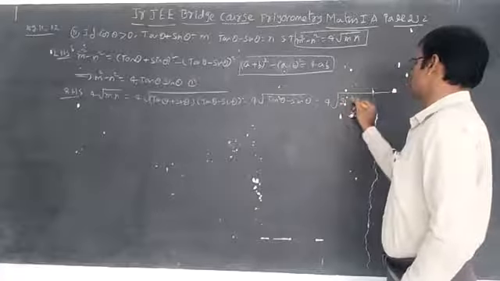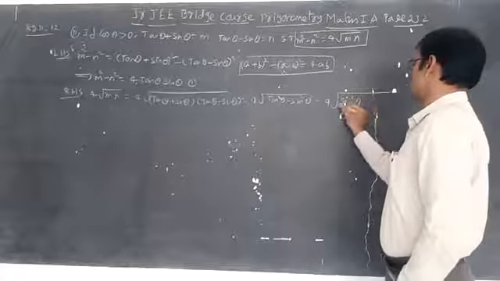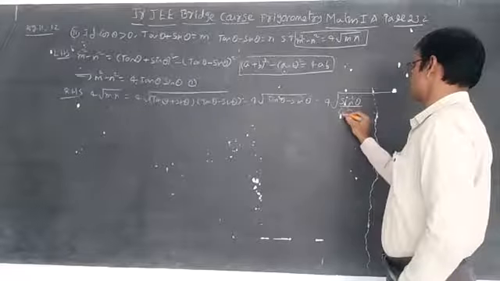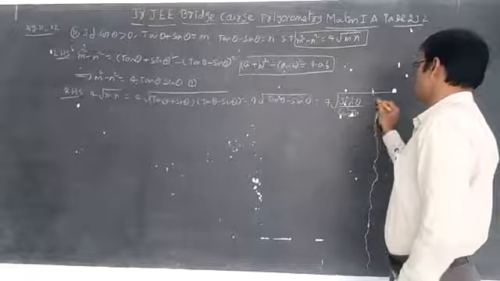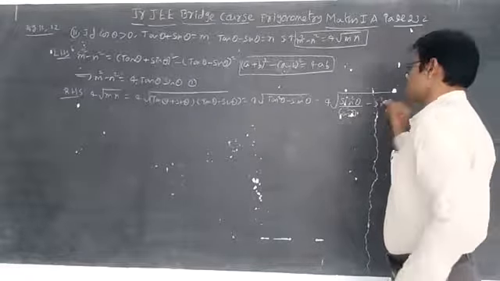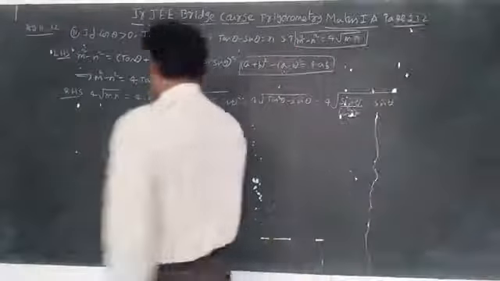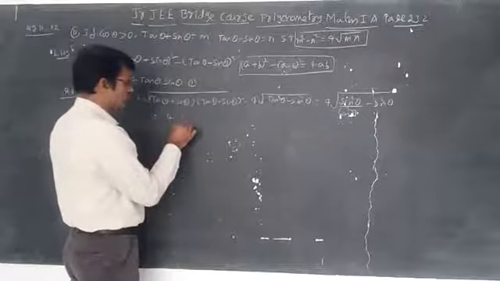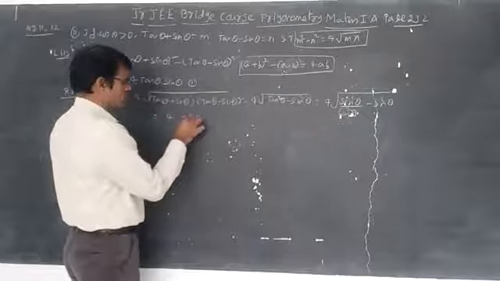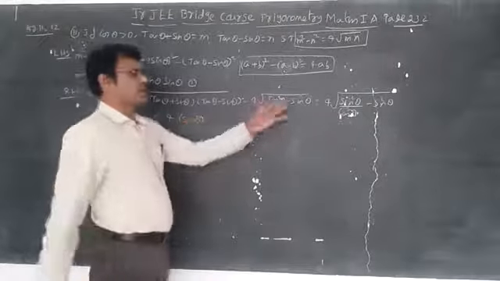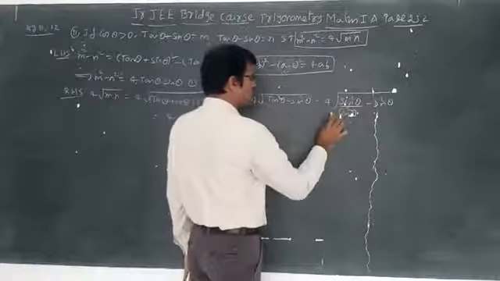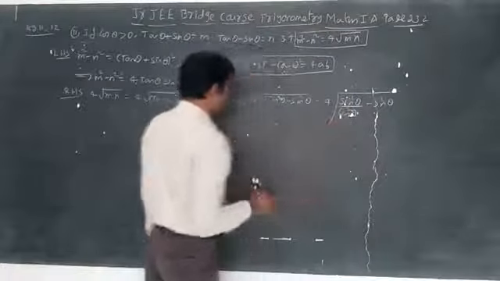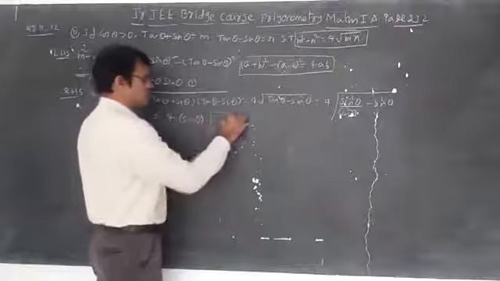Tan square you can write as sin square theta by cos square theta, minus sin square theta. We can take common 4 into sin square theta. Whenever sin square theta is taken common in the root, it becomes sin theta outside.